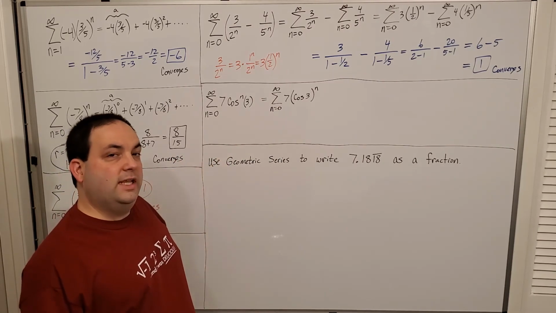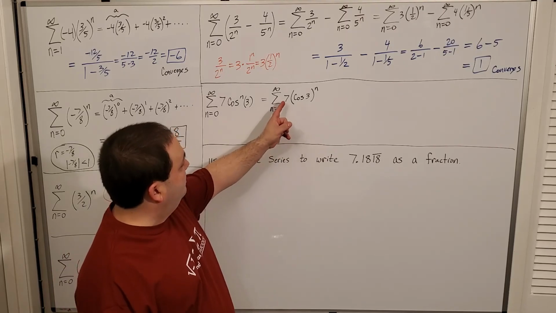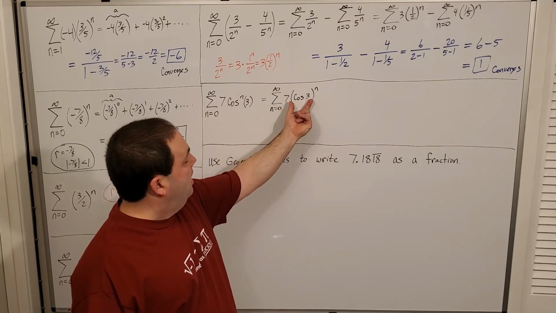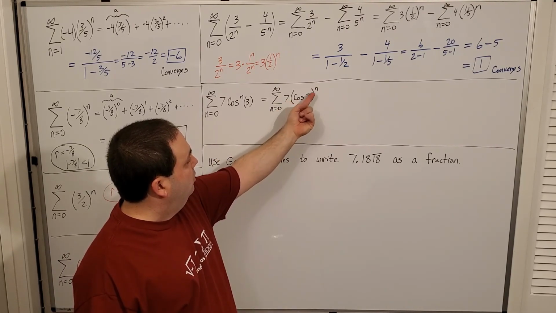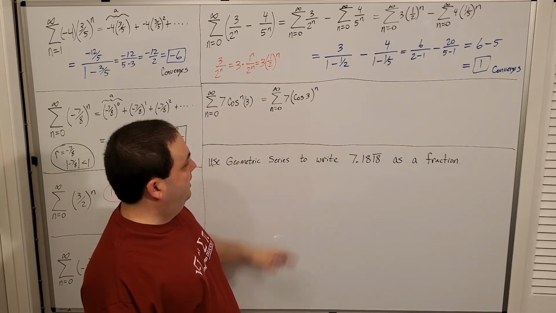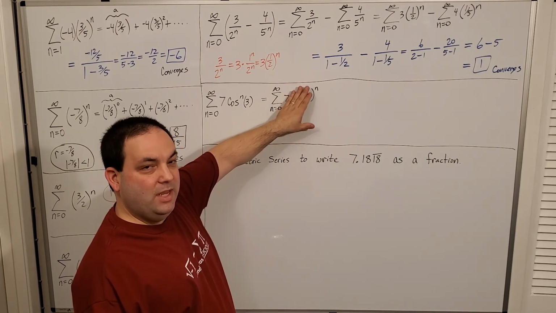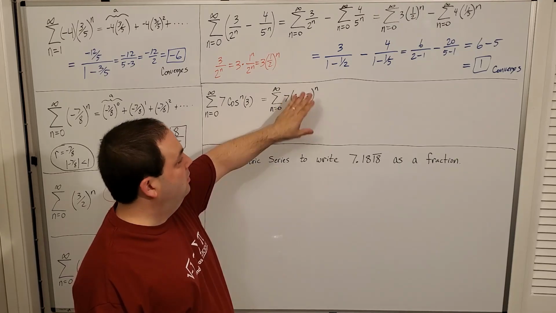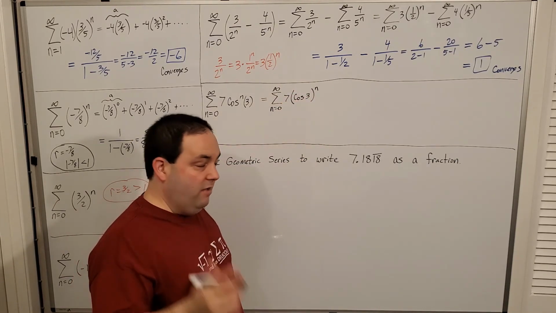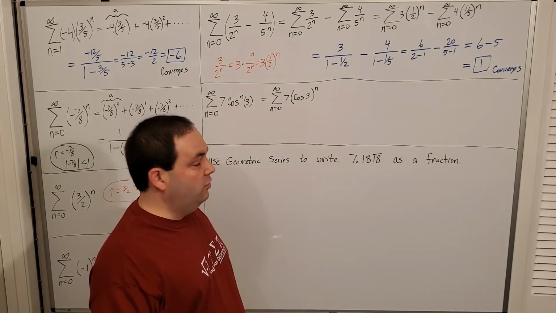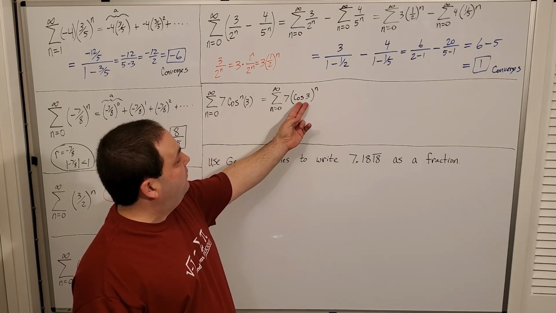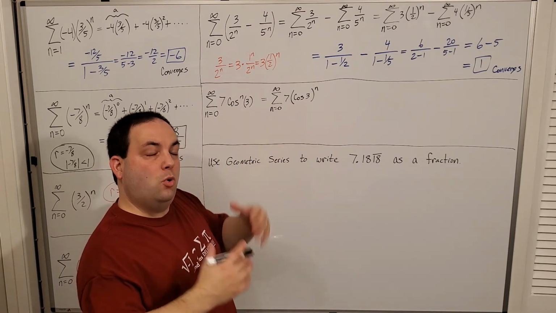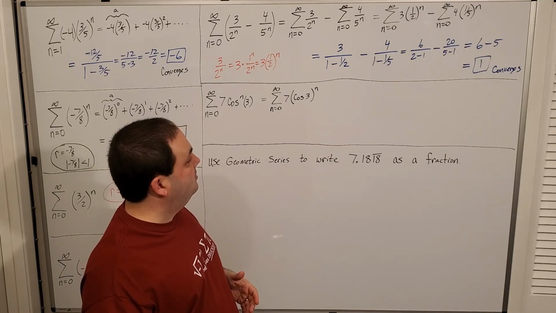Well, that looks like a geometric series to me because I've got some number times some value raised to the n power. It doesn't really matter. Any number can be in that spot for the r, but if I want to know if it converges or diverges, I need to know if this value right here is larger or less than 1 in size.